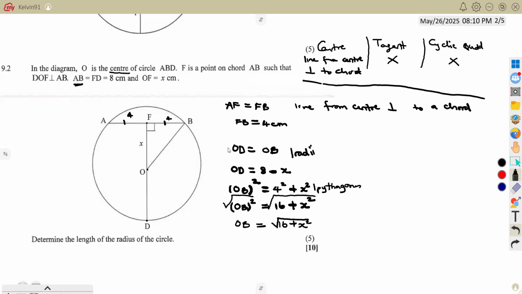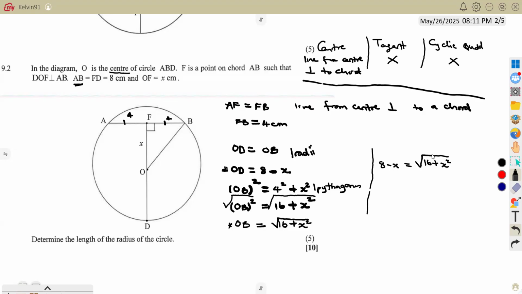Then, as established earlier, side OD is equal to OB. So we have OD there, we have OB there, and we need to equate the two, since they are both radii and equal. So it will mean that 8 minus x must be equal to the square root of 16 plus x squared.